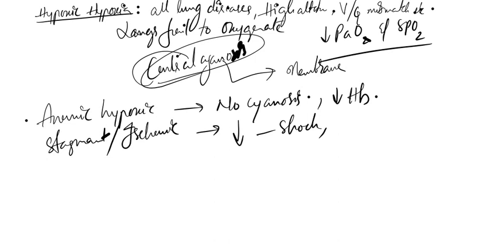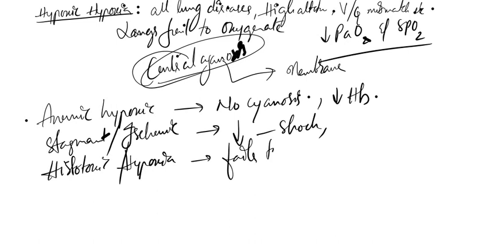What is histotoxic hypoxia? Now this is important. The tissue fails to use the oxygen despite normal blood oxygen concentration.